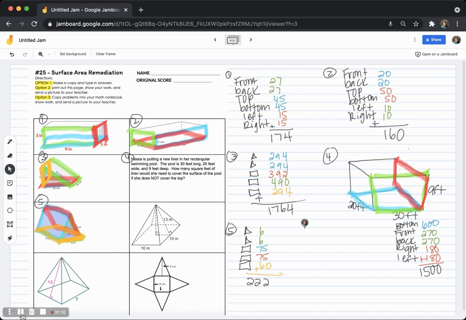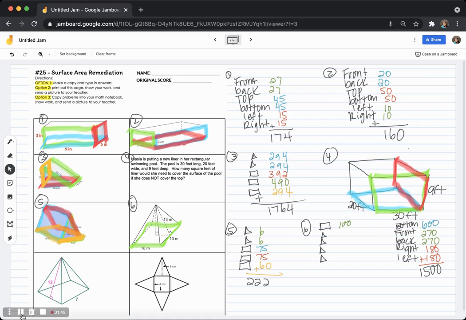Right, number 6, you have a square pyramid. That means that you have a square base, and then you have 4 congruent triangles. Because the base is a square, it means all the triangles will be exactly the same. So the bottom square is a 10 by 10, and that gives you an area of 100.